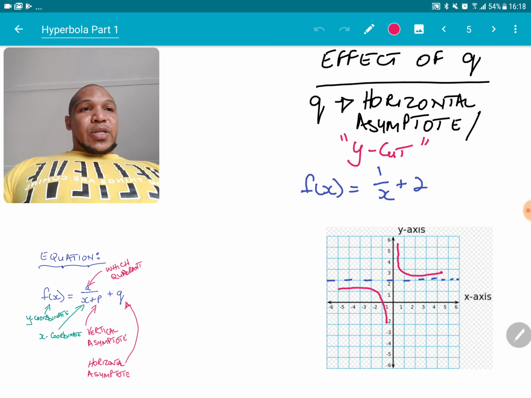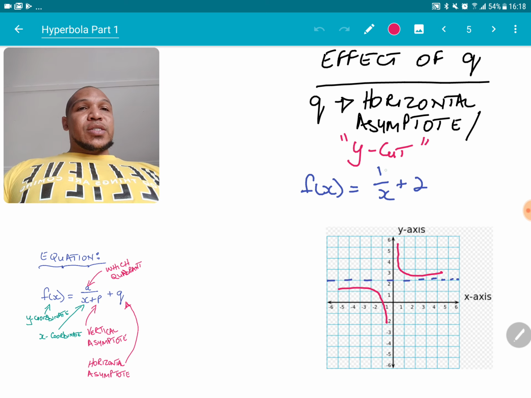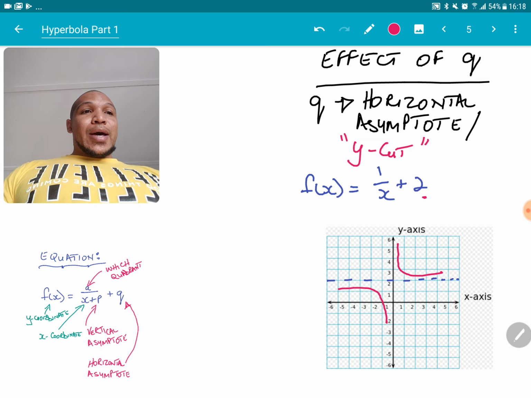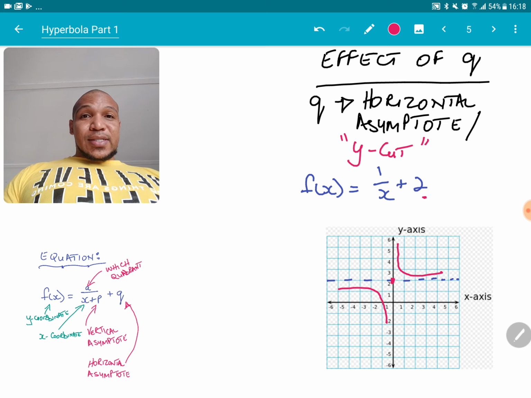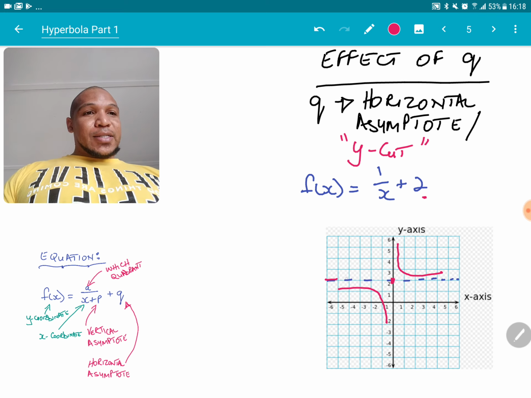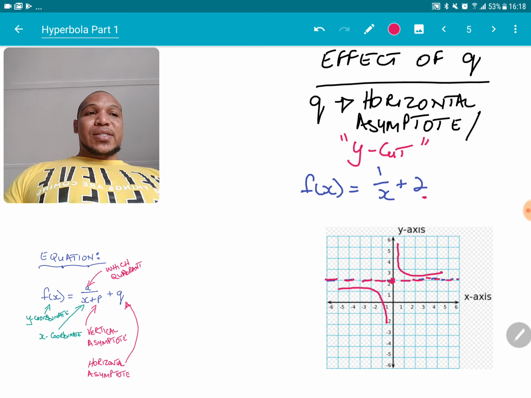Let's look at this example here. F of x is 1 over x plus 2. So that is our Q. That is my point on the y-axis, and then my asymptote will be the line going through the y-axis.